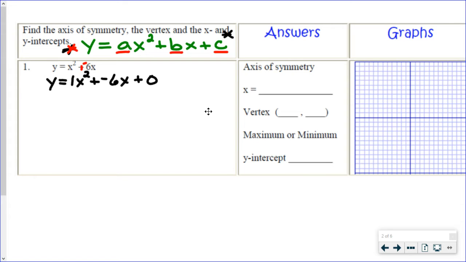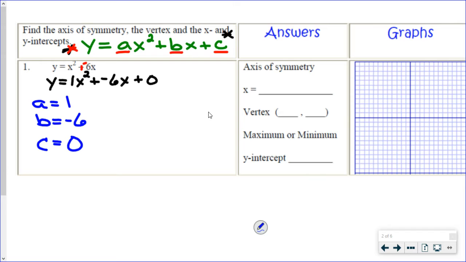Okay. Then from that, I need to figure out what is A. A is the number in front of my x squared. B is the number in front of x. And C is at the end, but there is no C, and that means 0. Okay?